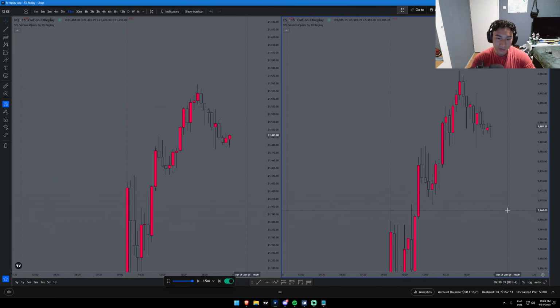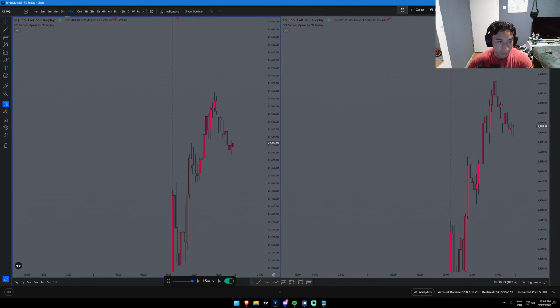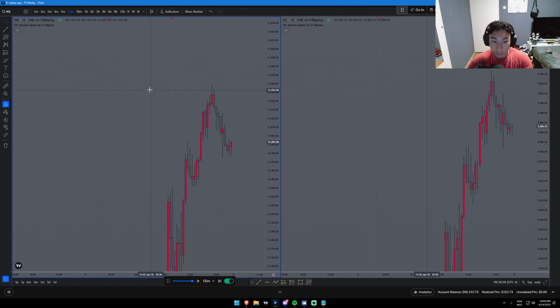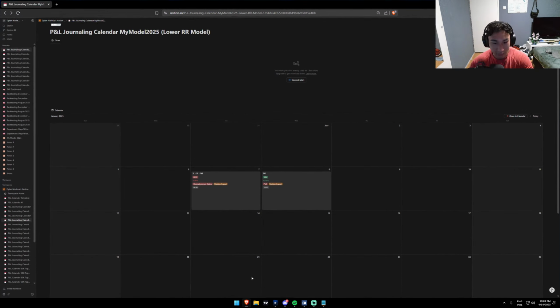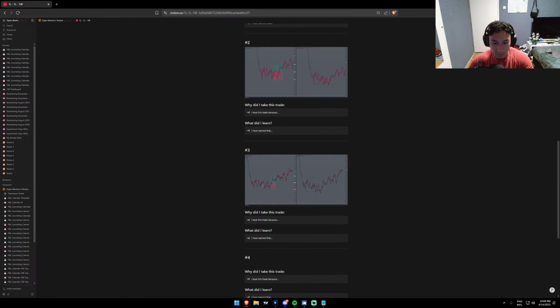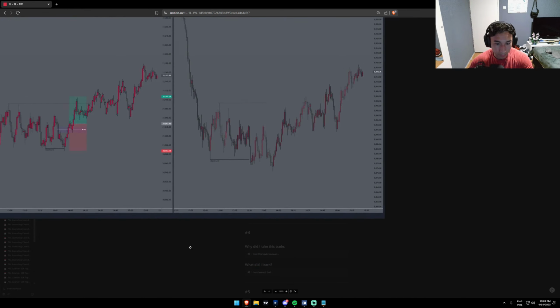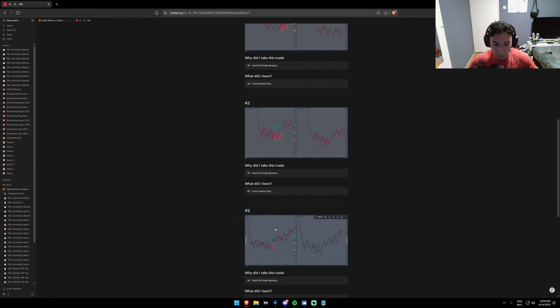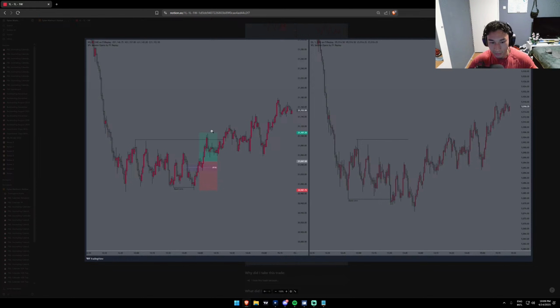But I do like this. In the last 2 weeks I've had it like five times, maybe even more, that I entered a trade and got stopped out, and then it went to my TP straight away. I got stopped out by just a few ticks or a few points. And I do like that rule. Here, I got stopped out and then price went, but there was my setup again, and then I entered and it was a TP.